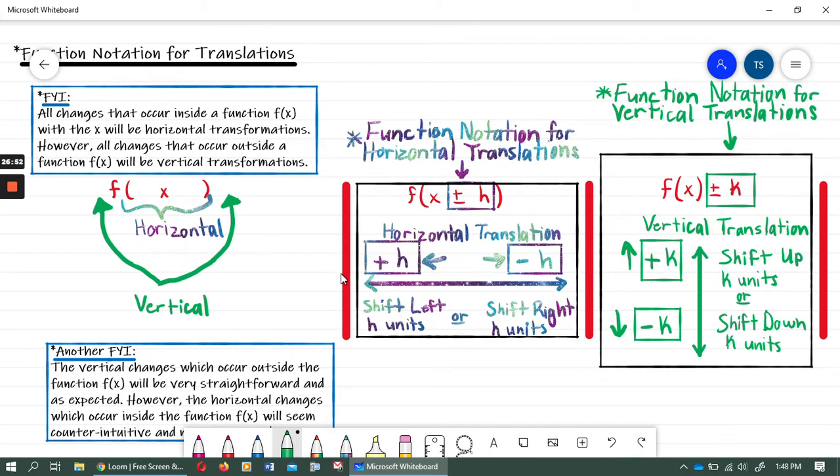Again, guys, horizontal means that you'll be going either left or right. Even just thinking about the x values on a coordinate plane, usually you would expect positive x values to be on the right side, and negative x values to be on the left side.